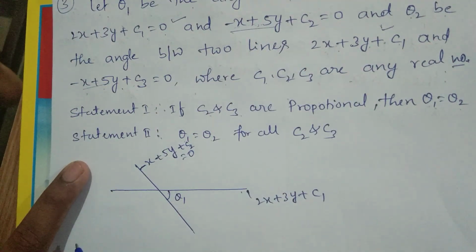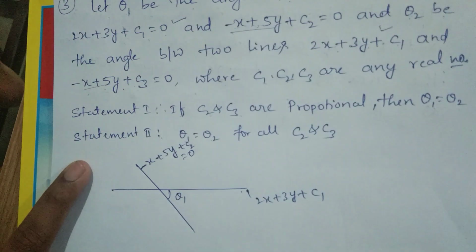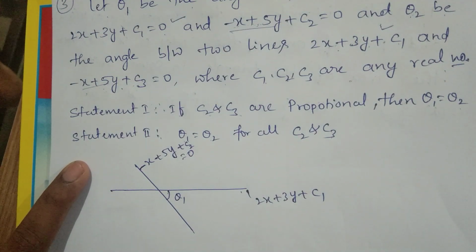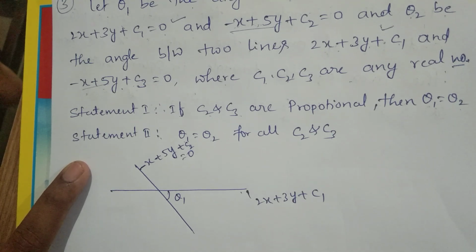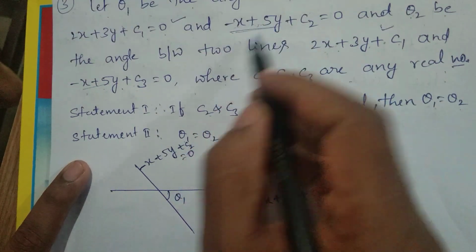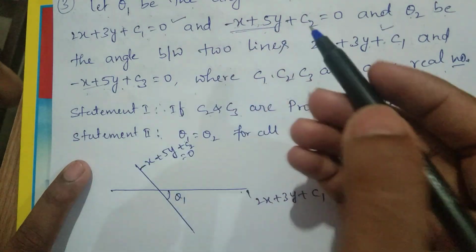Then what is the relation between these two lines? What is the condition for parallel? What is the parallel line to ax plus by plus c equal to 0? That is nothing but ax plus by plus lambda equal to 0. If this term is the same, it means these two lines are parallel.